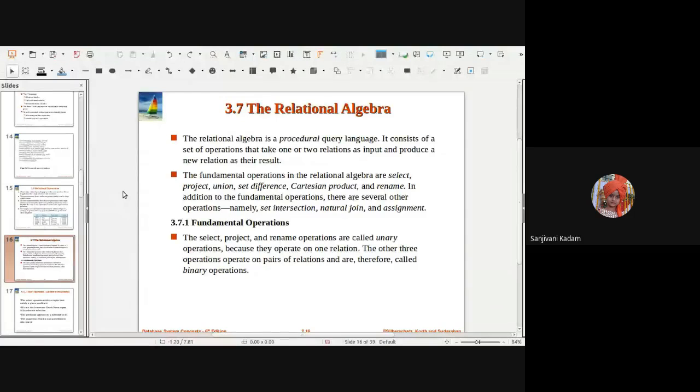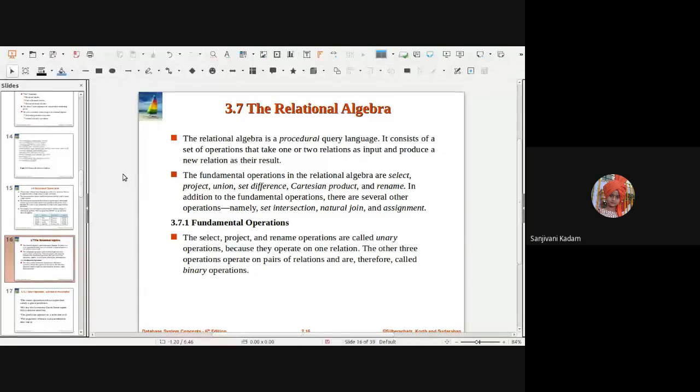So the fundamental operations are select, project, rename. These are called unary operations because they operate on only a single relation. As it says, it consists of a set of operations that take one or two relations; it means input can be a single relation or multiple relations.